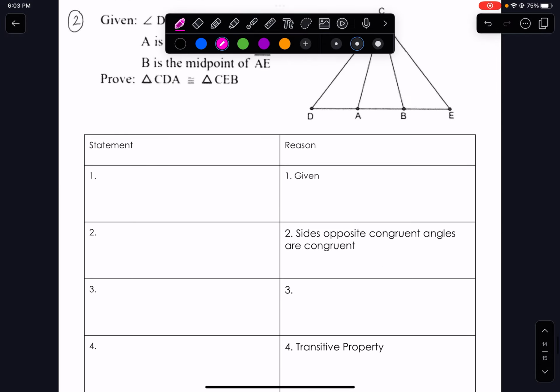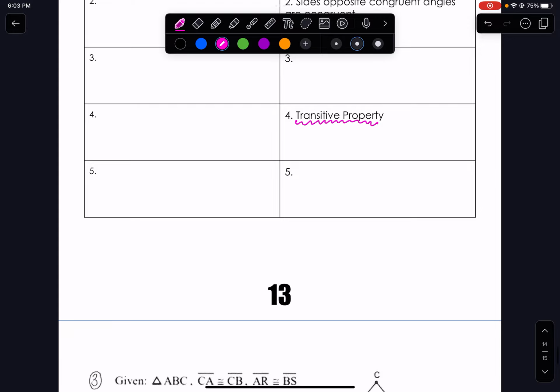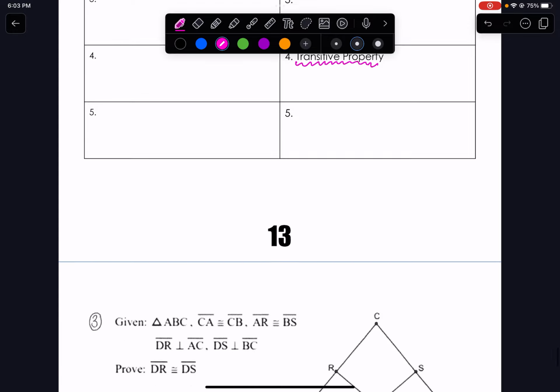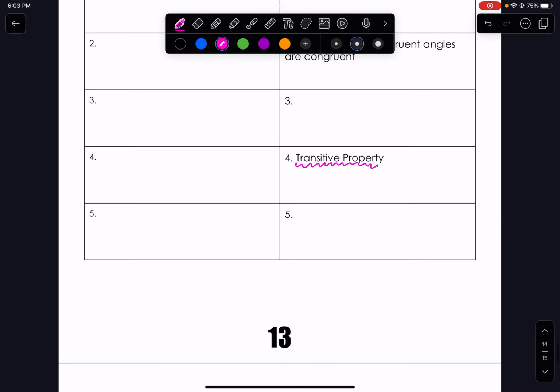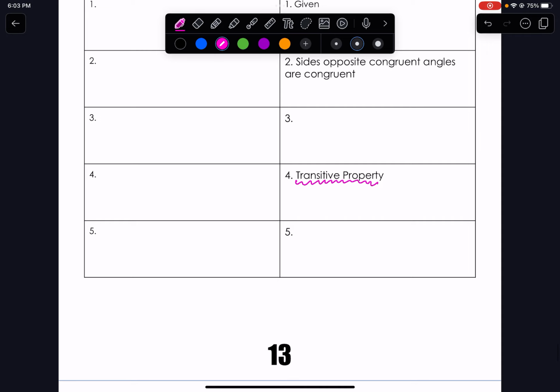So the next one has a property that we haven't really talked about that much. This is the transitive property. So briefly before we go into the proof, the transitive property basically says, if we all agree that 5 plus 3 is equal to 7, we also know that 7 is equal to 4 plus 3. I'm lying.